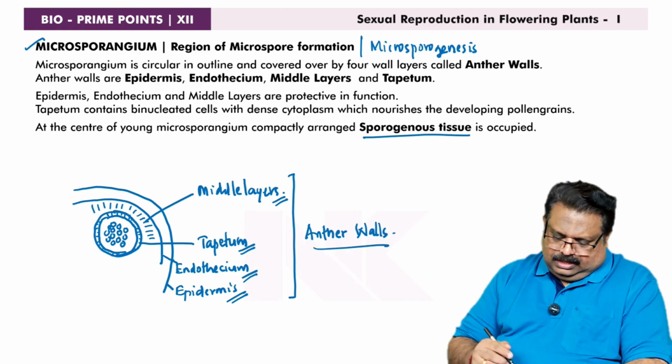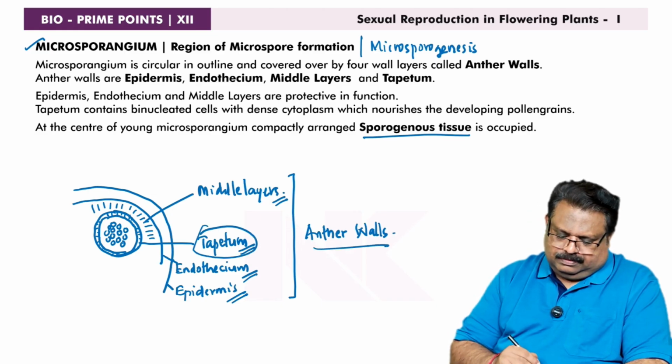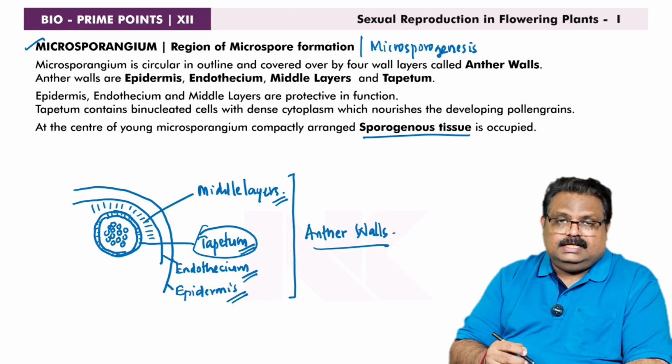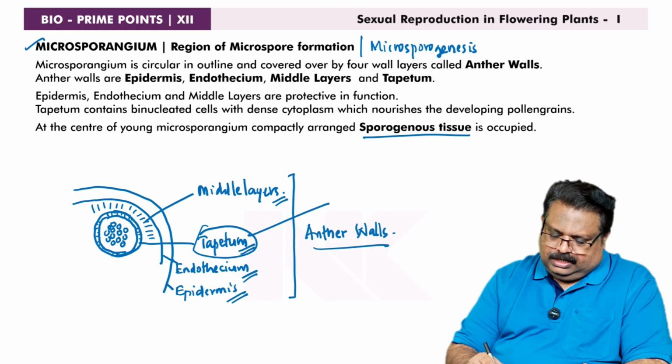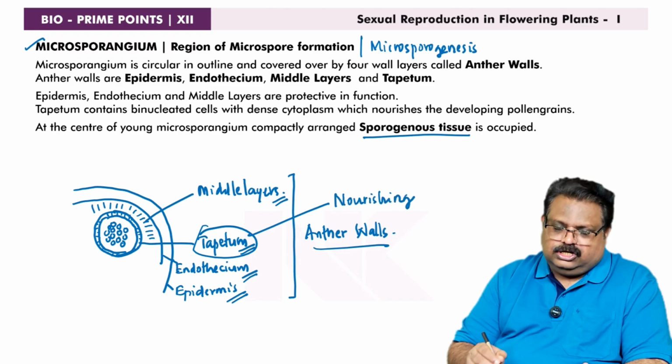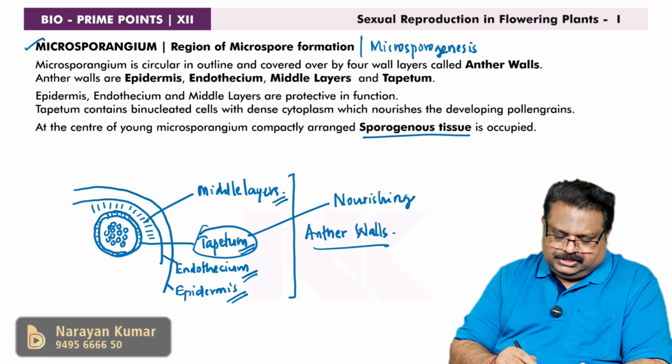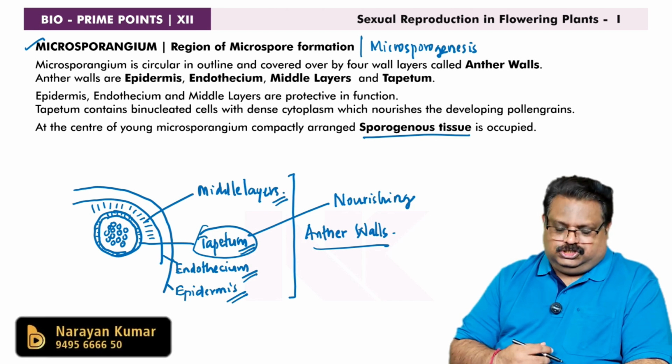Here, tapetum is very important. Since it is an immediate layer over the sporogenous tissue, the tapetum is considered to be the nourishing layer. It is a nutritive layer that provides nutrition to the developing sporogenous tissue.